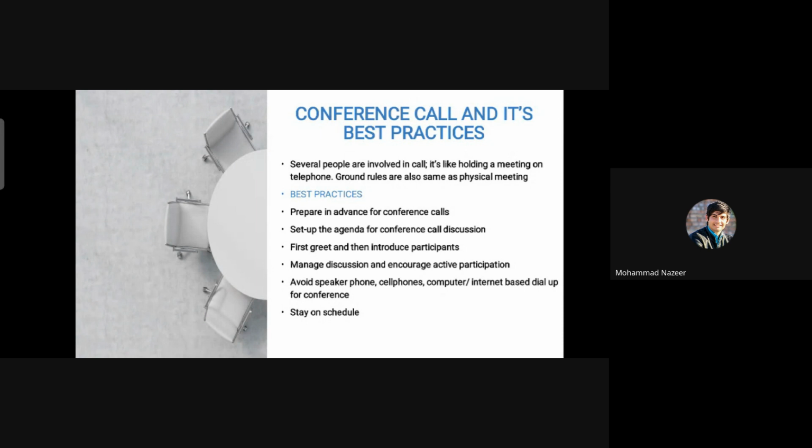So these are the best practices which are required when we are developing a conference call. In a conference call, a caller is someone who is speaking to several people. These calls have become more and more relevant at present, especially in the workplace, where lots of work is conducted over long distance.